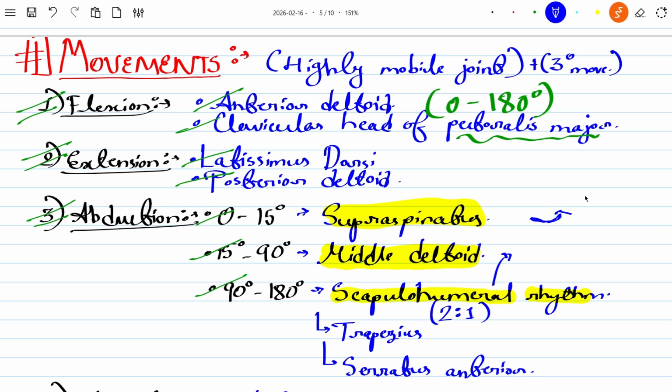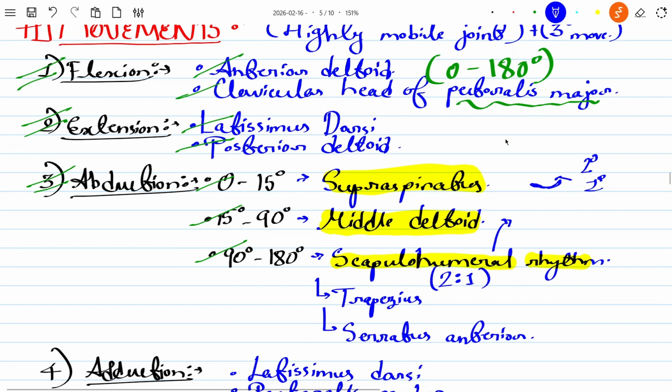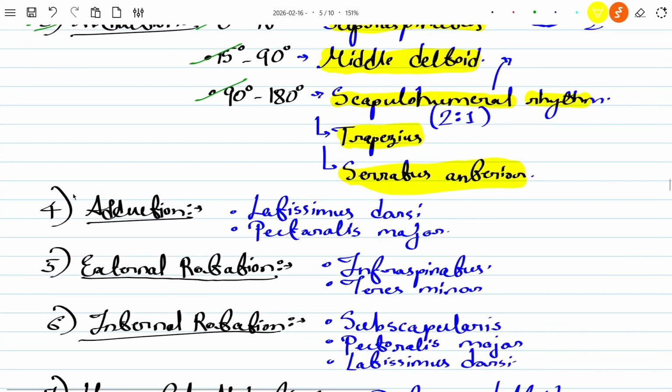It is in a ratio of 2 degrees of humerus rotating to 1 degree of scapula rotating outside. Then we have some supportive muscles, also known as accessory muscles, that are trapezius and serratus anterior.